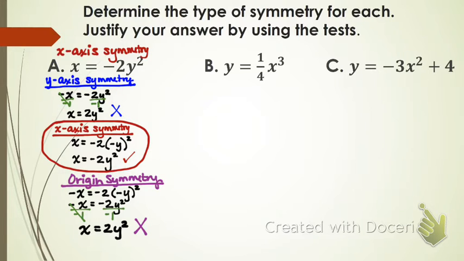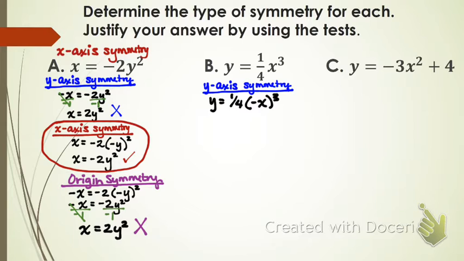So let's look at this next equation. y equals 1/4 x cubed. Let's do our check for y-axis symmetry first. So I replace the x with a -x, inside parentheses.